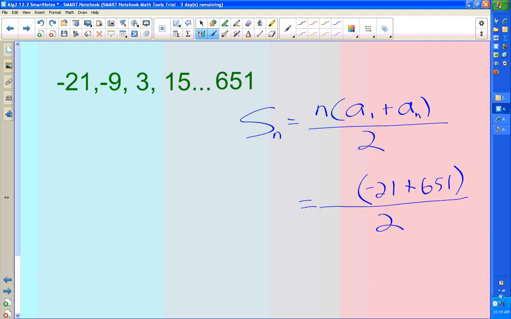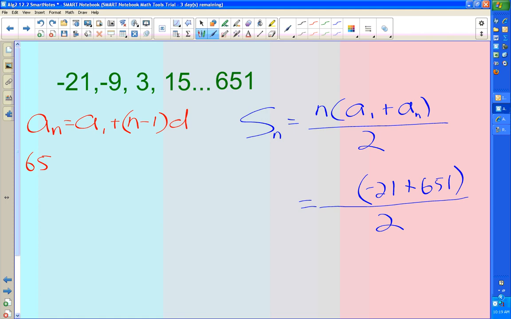That's not a problem. The problem is we don't know what n is. Where are you going to get it? The explicit formula. Whenever you're missing information, you go to the explicit formula and you can get it out of there. It's a piece of cake.